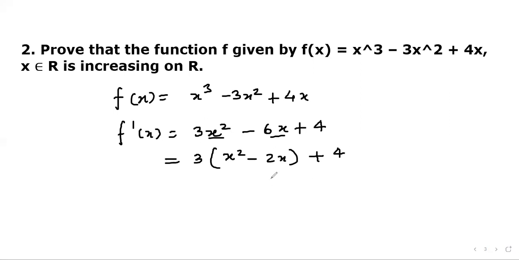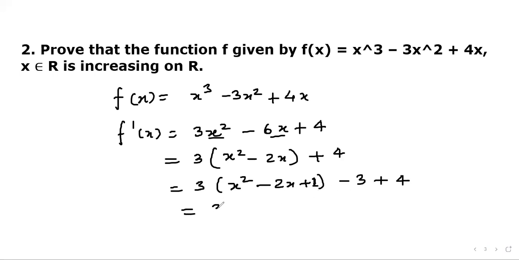Now we can add 1 inside the bracket, so x squared minus 2x plus 1. And when we multiply this 3 to 1, we get plus 3, so we subtract 3 here, plus 4. The total effect is the same. If you open the bracket, 3x squared minus 6x plus 3 minus 3.